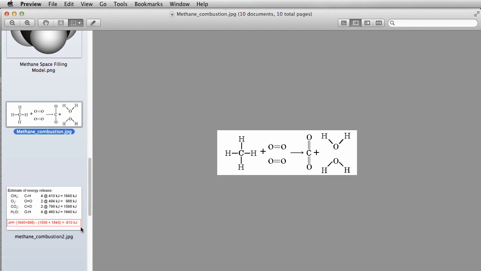Whenever you have a chemical reaction, bonds are broken, and it takes energy to break those bonds. And then bonds are formed, and you get energy out from those bonds as they're formed.